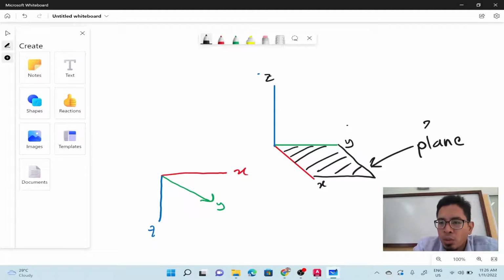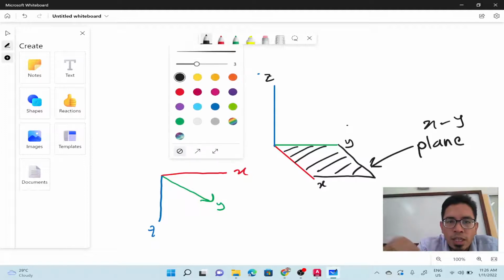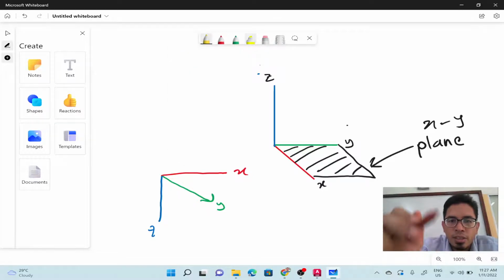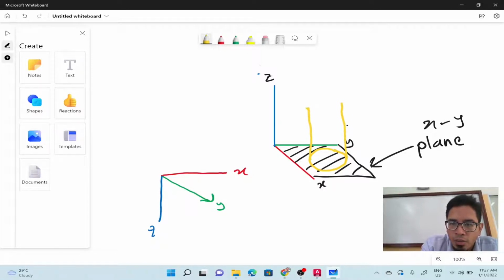So whenever you want to draw things, let's say you want to draw a cylinder, it will always follow what we call the XY plane.